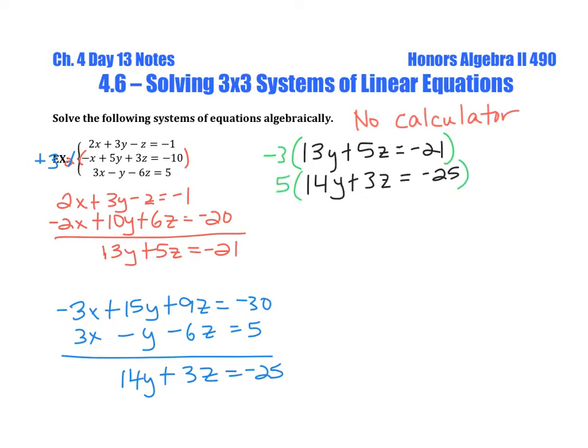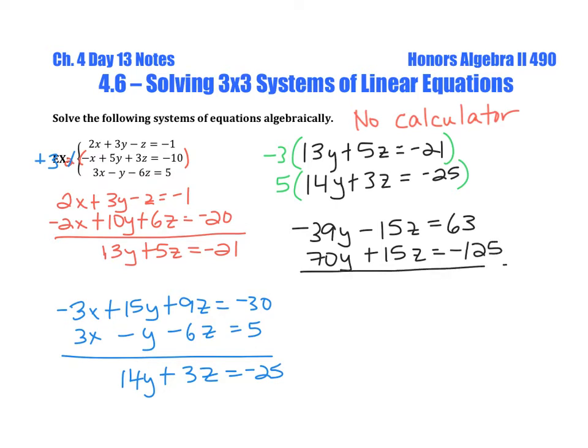So let's write out what I get when I do that. So I will get -39y minus 15z is equal to a +63. And then in the bottom equation, I get 70y plus 15z is equal to -125.